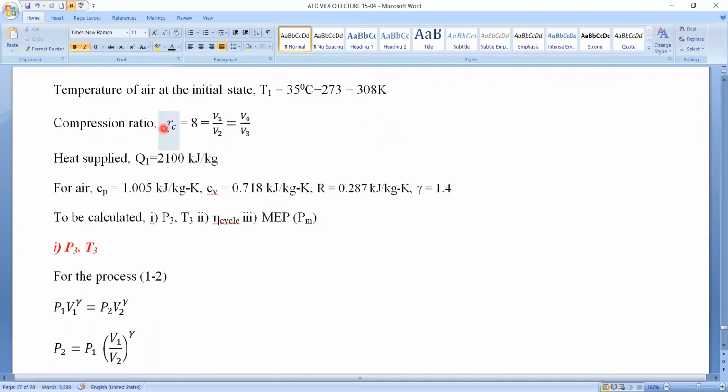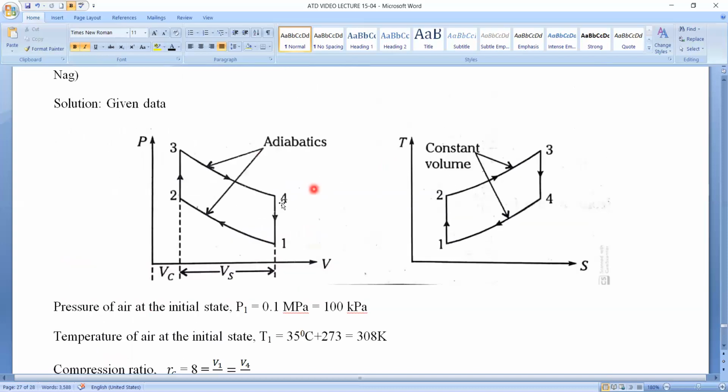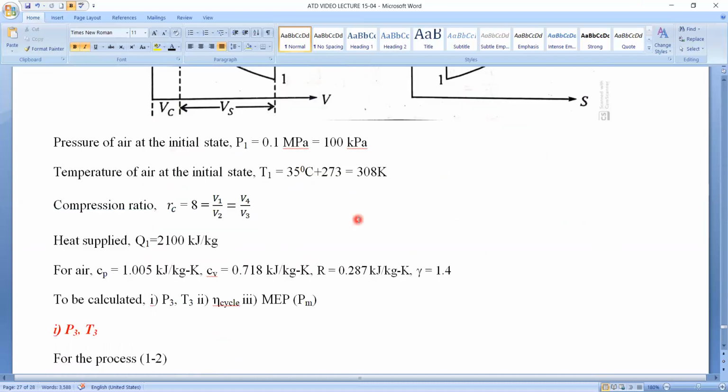The compression ratio is given, rc equals 8. The compression ratio is also written as the ratio of the volume at the beginning of compression to the volume at the end of compression, that is V1 by V2. In the Otto cycle, it can also be written as V4 by V3, because V4 equals V1 and V3 equals V2, as these two are constant volume processes.